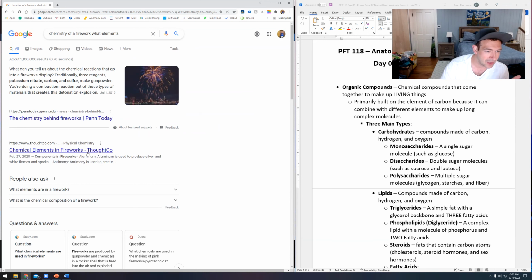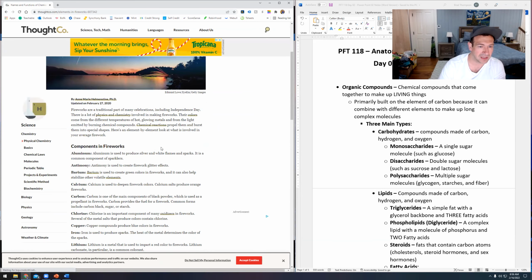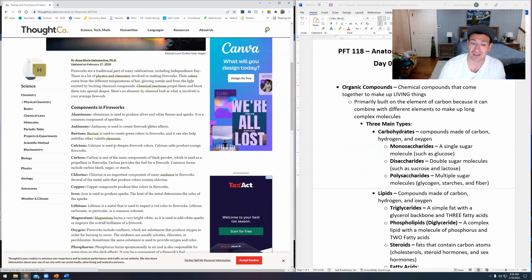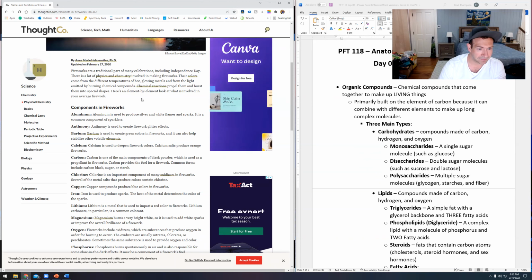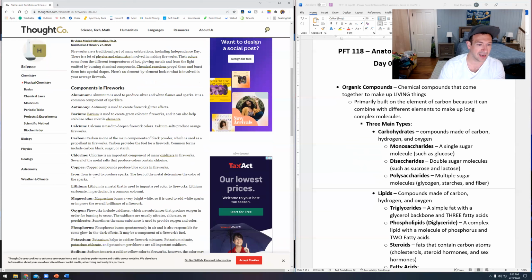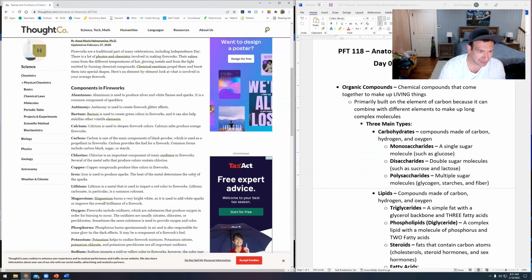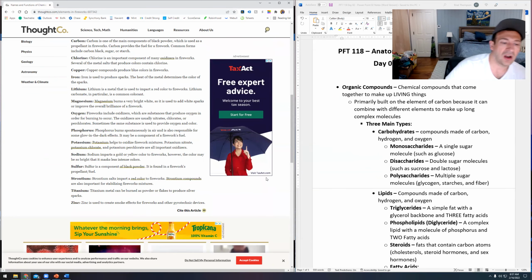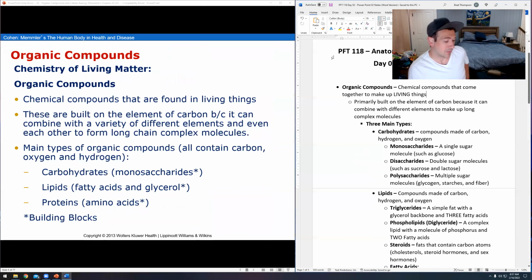Antimony creates some other ones. So yeah, we know what ingredients we need to get a little bit in there. Calcium. Oh, calcium apparently makes orange colors. That's kind of cool. I didn't know that. Chlorine, iron is definitely got to get red, right? Oh, yeah. And then phosphorus, right? So all of those things are going to be cool for making fireworks, but that's not what we're making. We're making people.